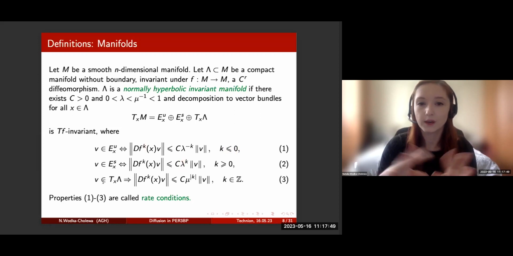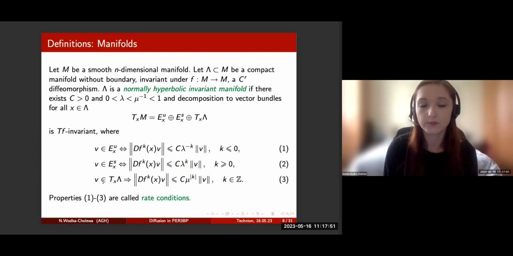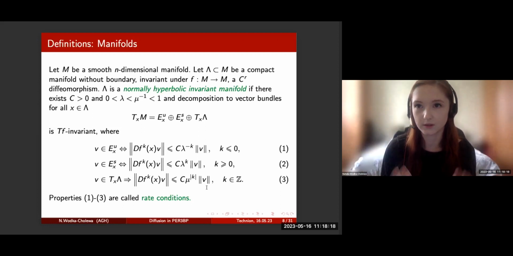And on the other part, that left, we have some motion, but you see mu to the -1 is greater than lambda, so it's like a bounding for the movement inside the last part that is invariant. So you don't have a greater expansion, and you don't have greater contraction.